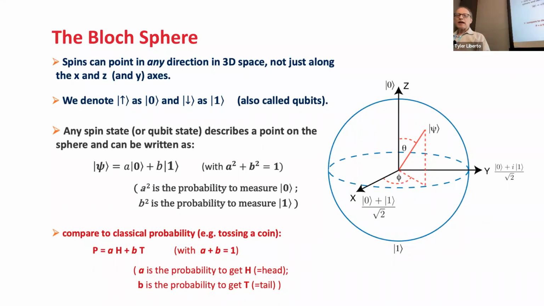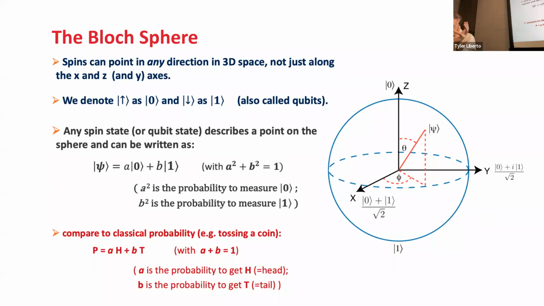However, in quantum mechanics, the 0 state and the 1 state are perpendicular to each other, meaning orthonormal or orthogonal, but they are at an angle of 180 degrees, not 90 degrees. So it's very different from a classical system, a vector system over real numbers, meaning that if you work in a complex space, then directions which are perpendicular or orthogonal to each other are actually 180 degrees off.